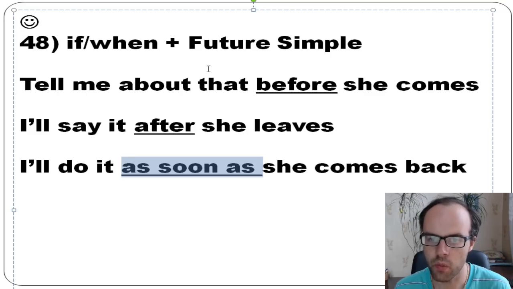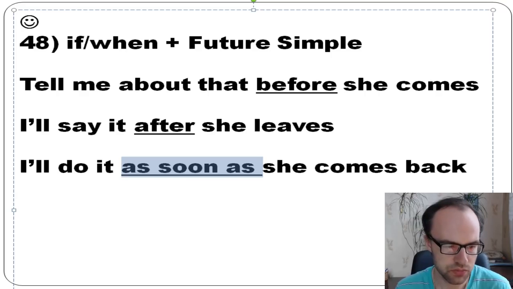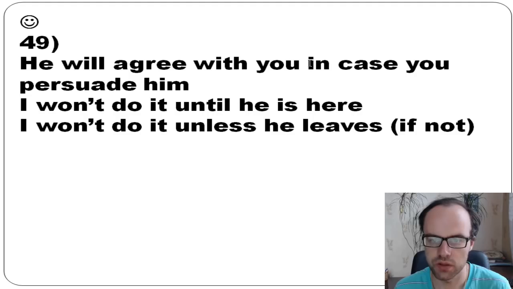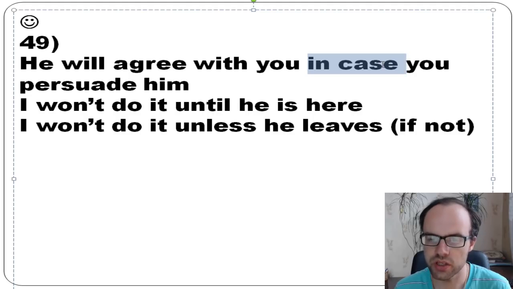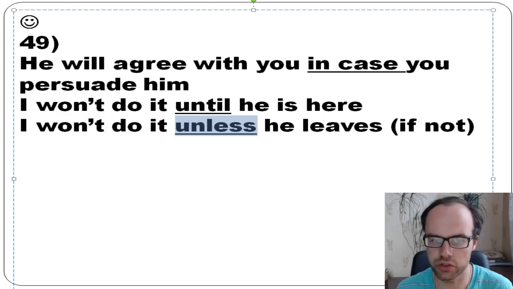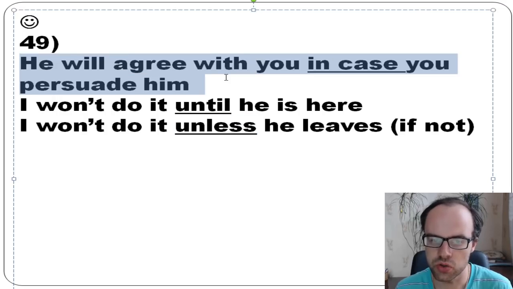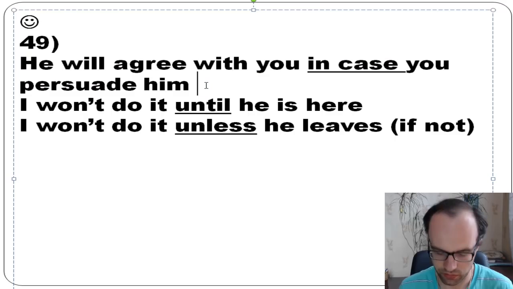So after if, when, before, after, and as soon as. Next, that's also true about in case, so we use present simple with in case, until, and unless when we talk about the future. He will agree with you in case you persuade him.